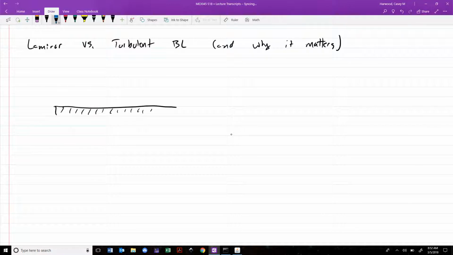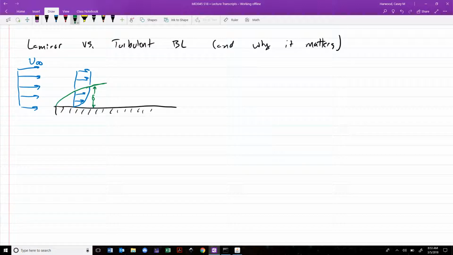If we characterize the upstream flow as having a uniform velocity profile, u infinity, then the boundary layer will begin at the upstream edge of this plate. So we'll end up with this region of velocity variation. We'll denote the edge of this boundary layer by this green line.